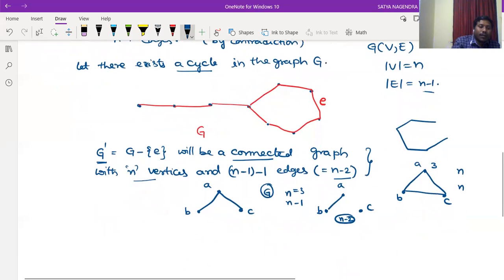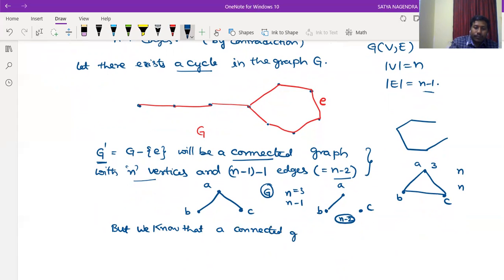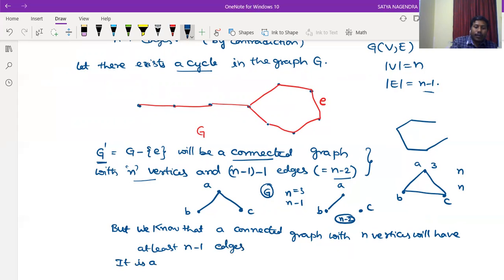But we know that a connected graph with n vertices will have at least n minus 1 edges. So it is a contradiction.